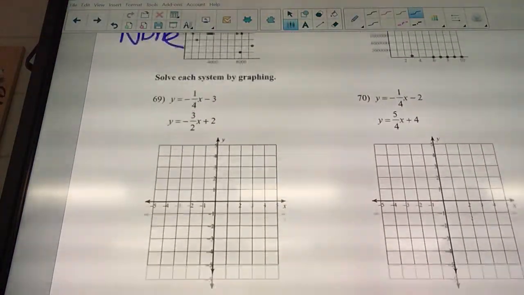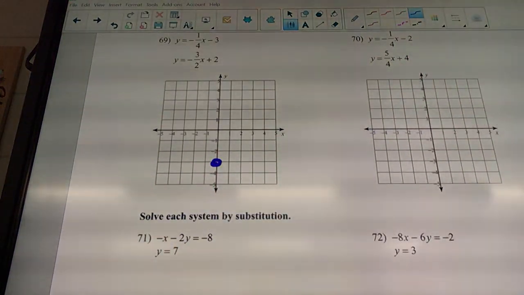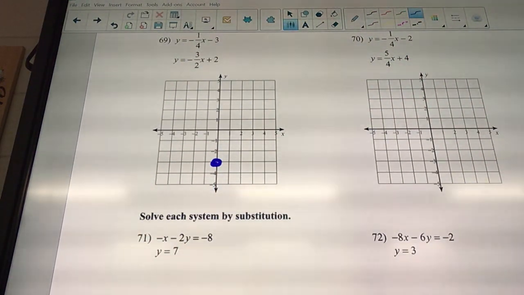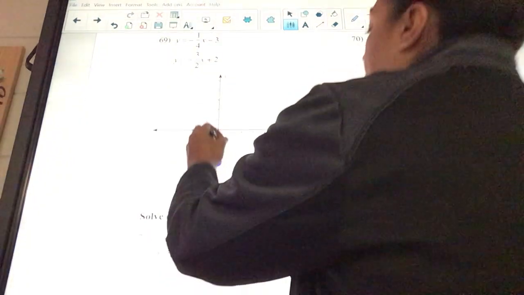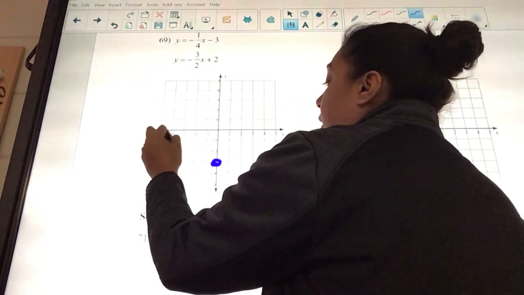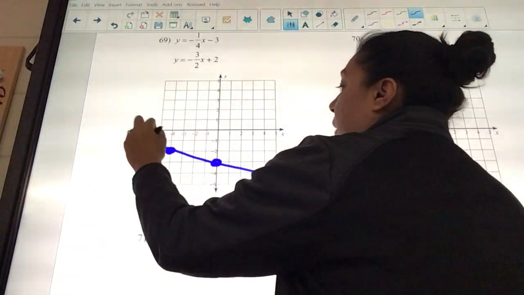Okay, so go to the y line and find the negative 3. And we're going to go up 1 and over 4 which way? I need a negative line. So we're going to go up 1 and over 4 to the left, or I can go down 1 and over 4 to the right. So that's my first line.